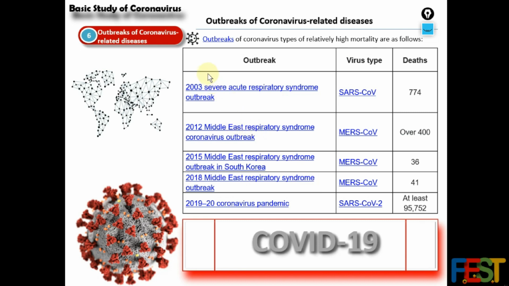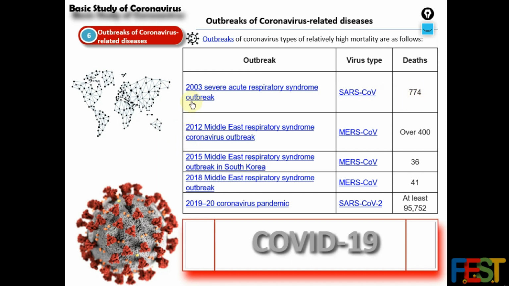Outbreaks of coronavirus types with relatively high mortality are as follows. In 2003, the severe acute respiratory syndrome outbreak, SARS-CoV, caused 774 deaths.